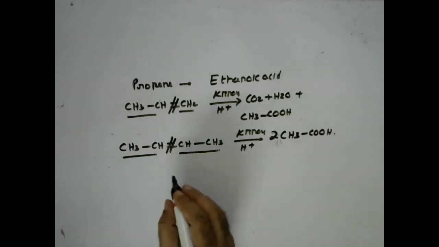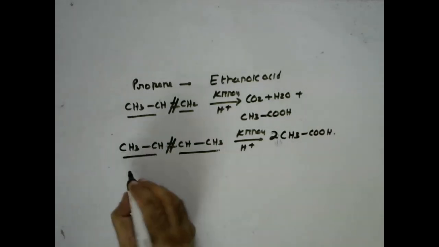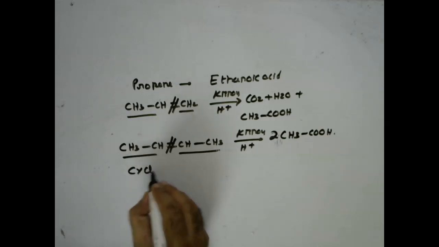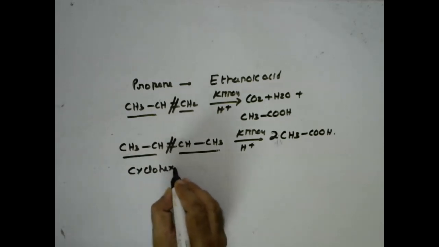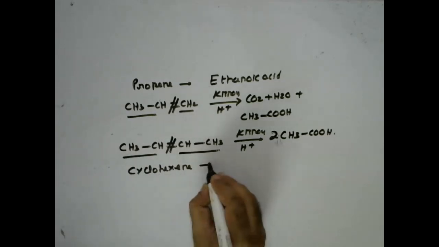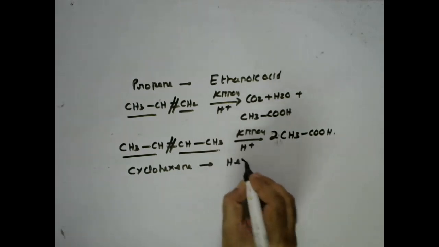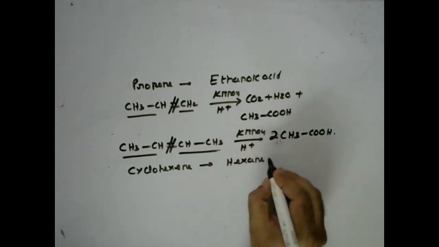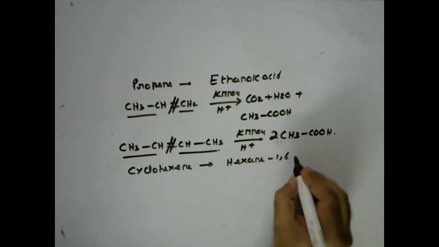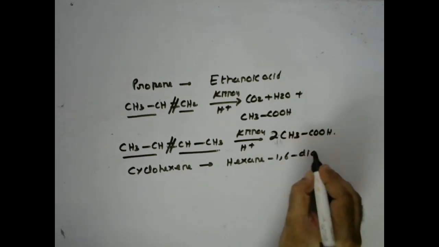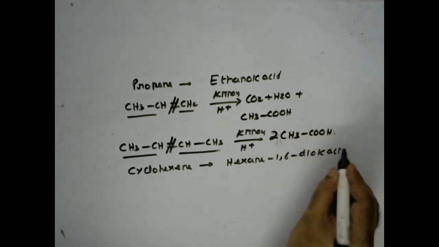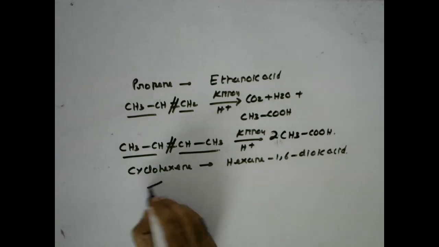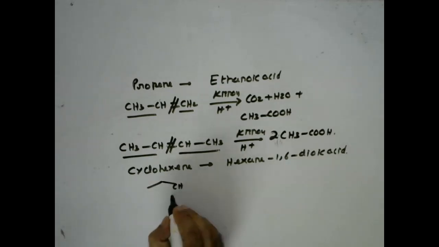Now let me show you a very interesting example. It's given in NCERT. They have asked you to convert cyclohexene into hexane 1,6 dioic acid. So what is cyclohexene? Cyclohexene you can write like this for the sake of clarity.